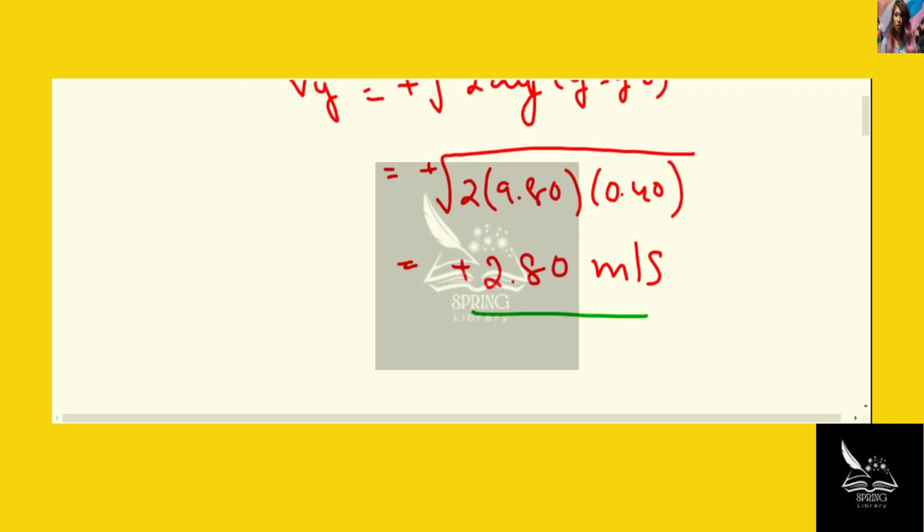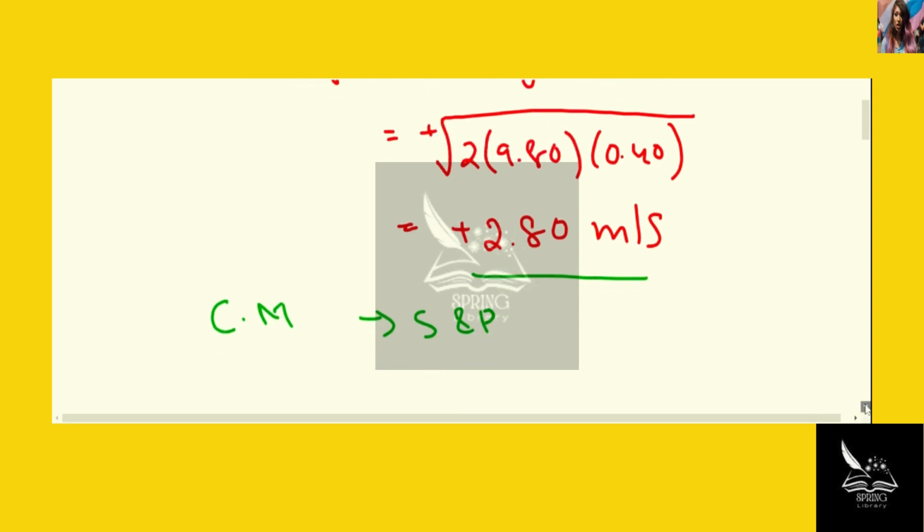So now we are going to apply the conservation of momentum to the collision between the stick and the pan. After the collision, the stick and the pan have a common velocity, which is V2.